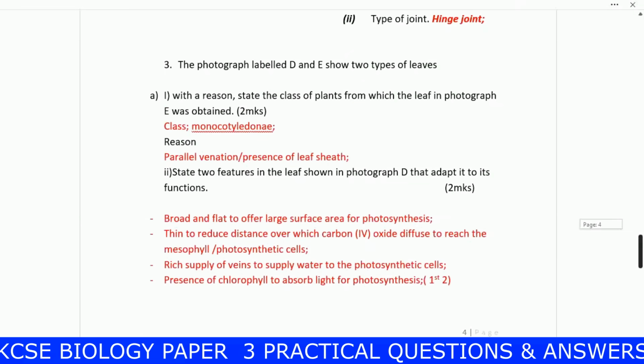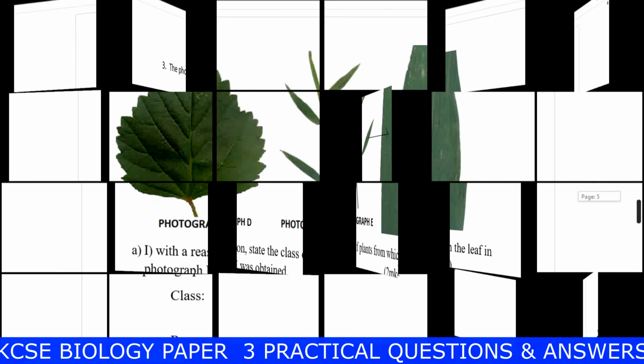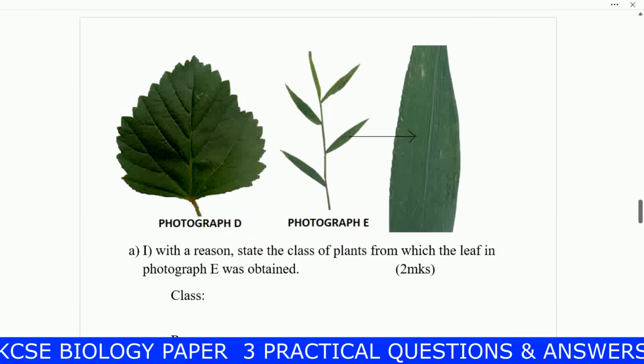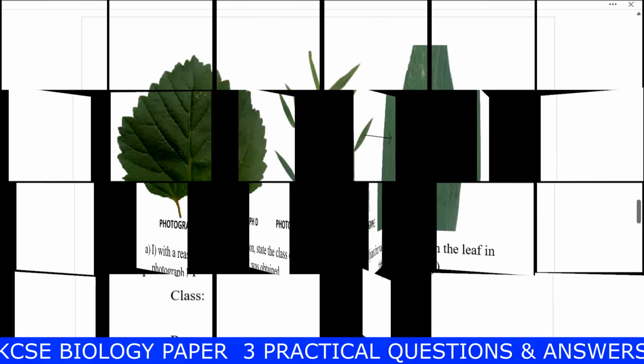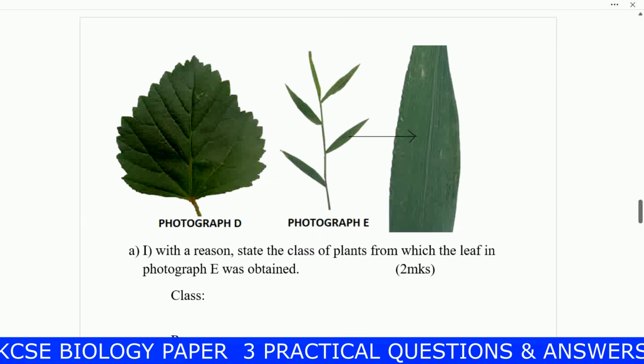Number 3, the photographs labeled D and E. You are told to state, with a reason, the class of plant from which the leaf in photograph E was obtained.